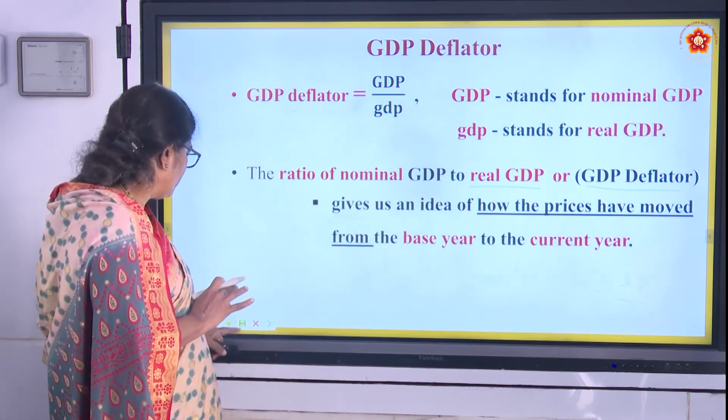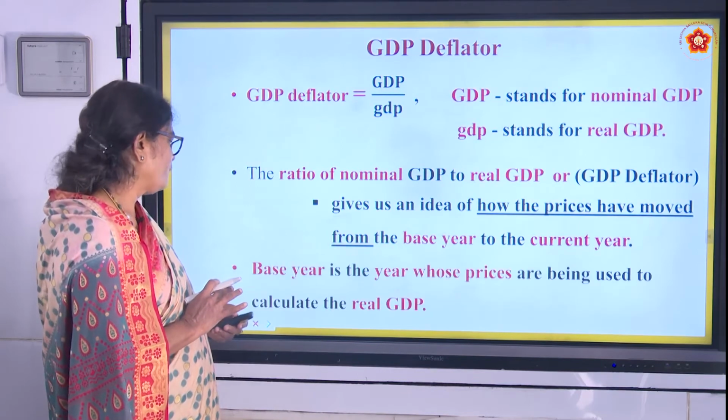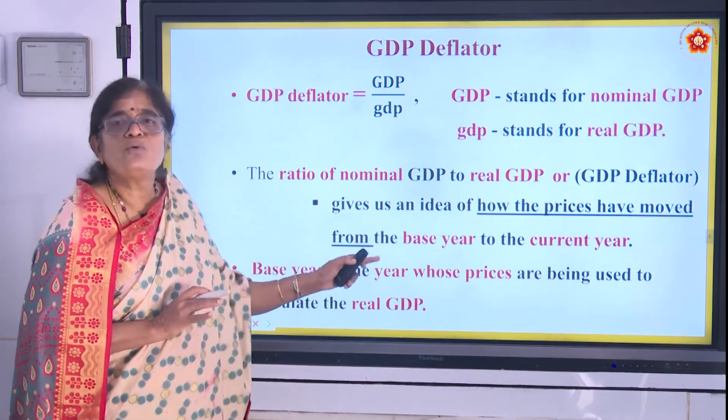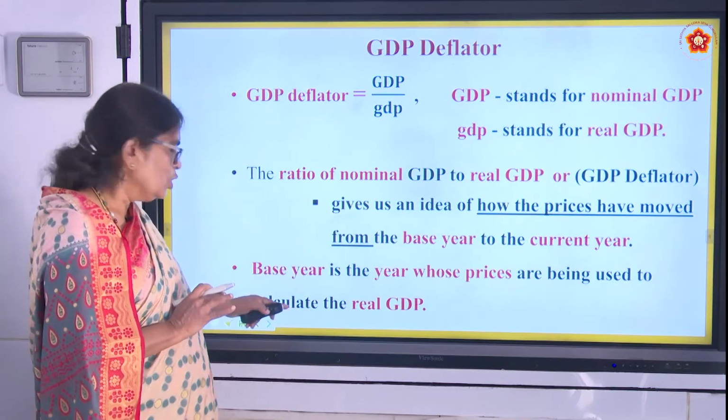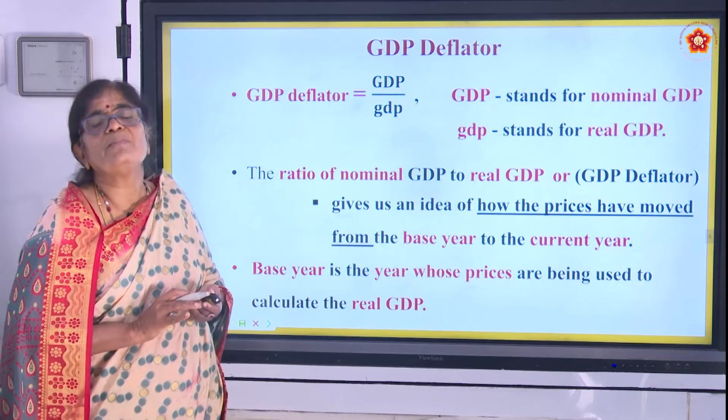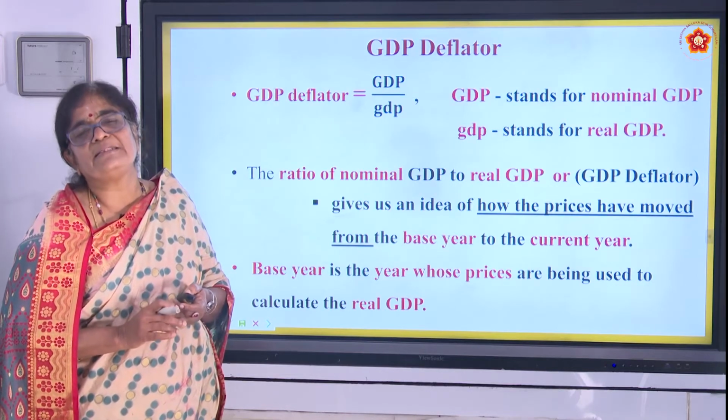We will see this with a numerical example. First, what is the base year? The year whose prices are being used to calculate the real GDP is called the base year. They also often ask, define the base year.